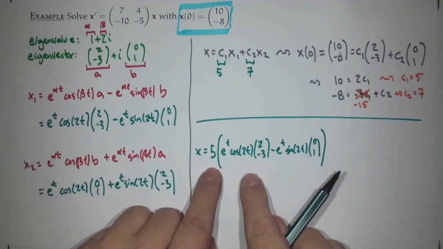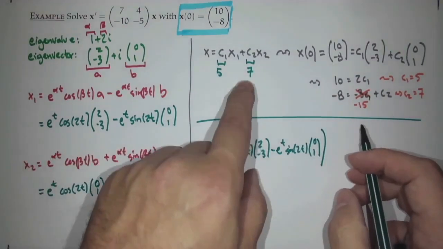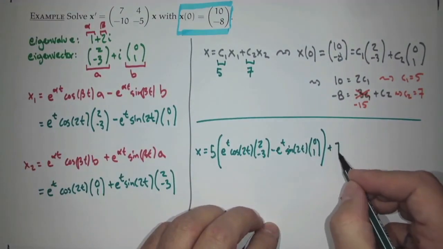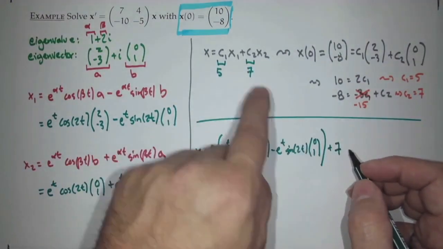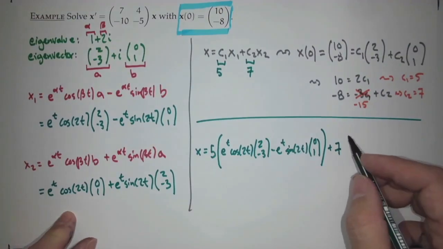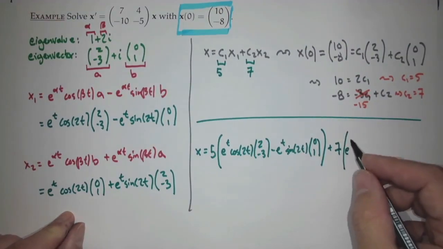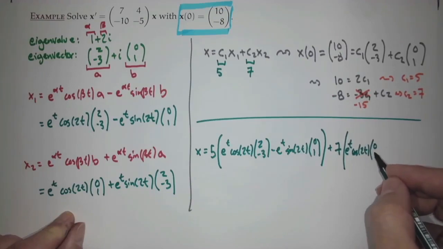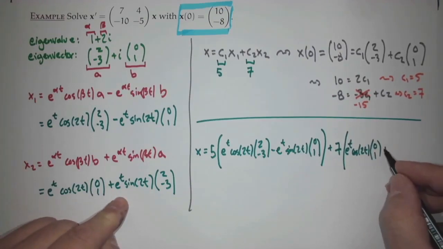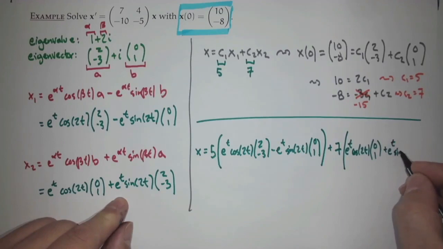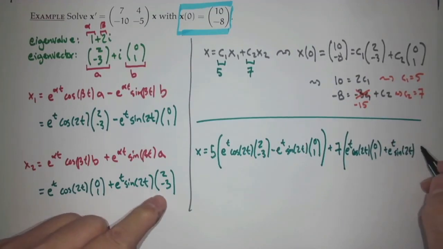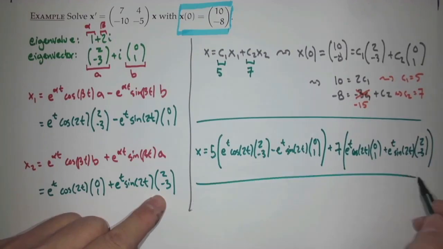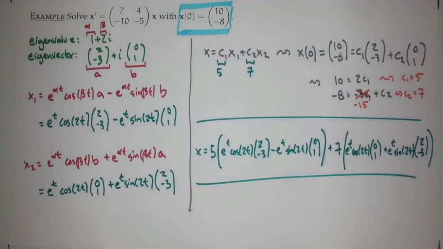Okay, so 5x1 plus 7, that's our c2, times x2. All right, e to the t cosine 2t times (0, 1), plus e to the t sine of 2t times (2, -3). Done.